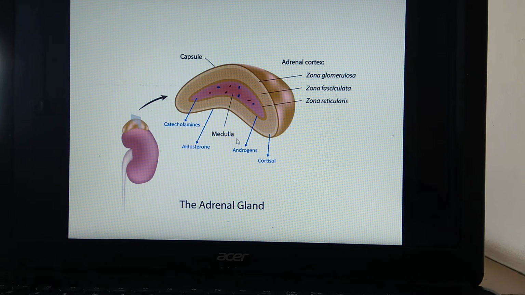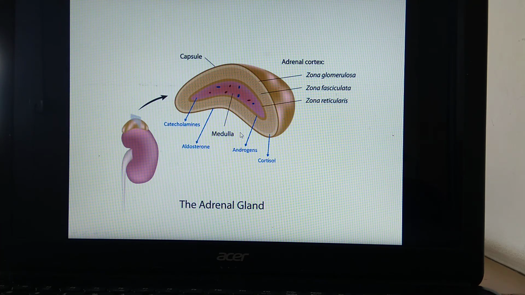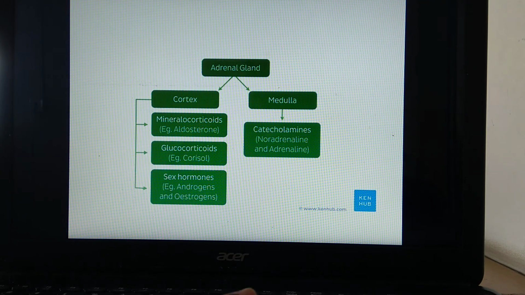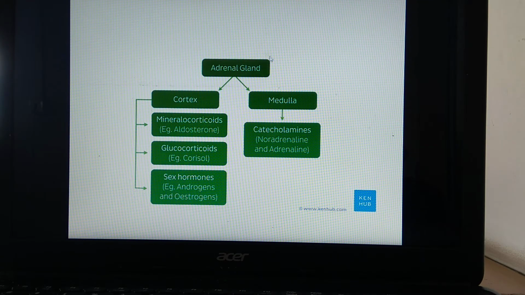Then we are going to see the secretions of this adrenal gland. What are the hormones secreted by the adrenal cortex and adrenal medulla? See this diagram, it shows two parts of the adrenal gland. One part is called the adrenal cortex and the second part is called the medulla. The adrenal cortex secretes a hormone called mineralocorticoid, and the main mineralocorticoid is aldosterone. The second hormone secreted is called glucocorticoid, one example is cortisol.